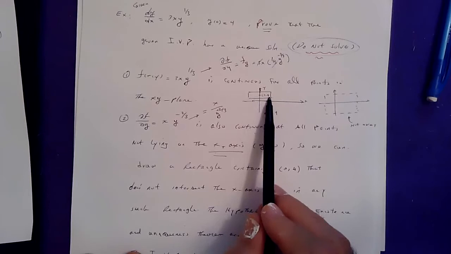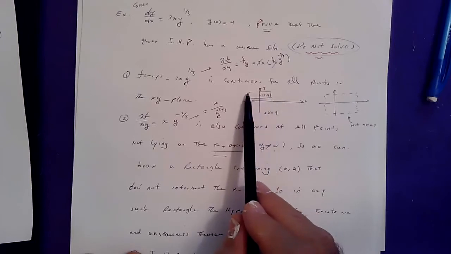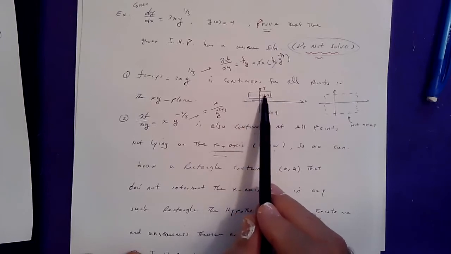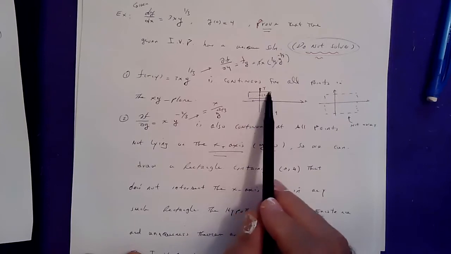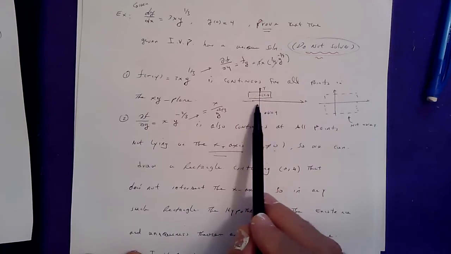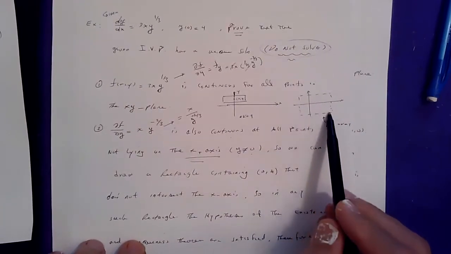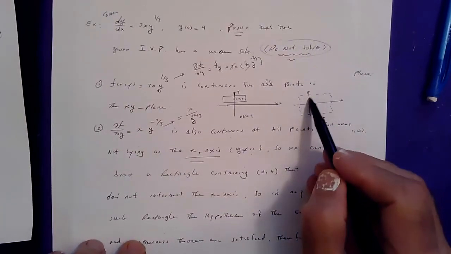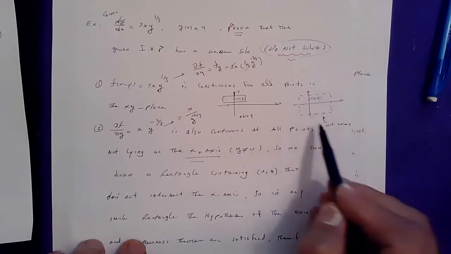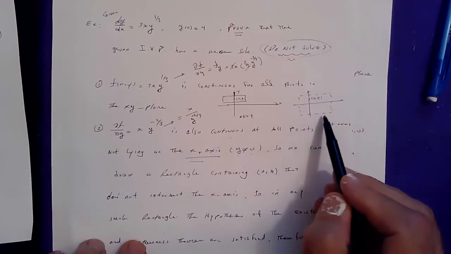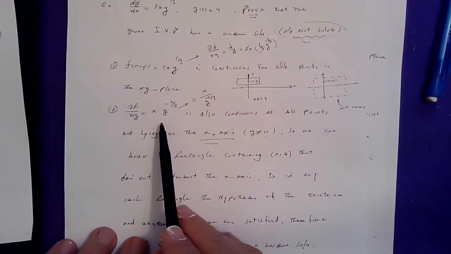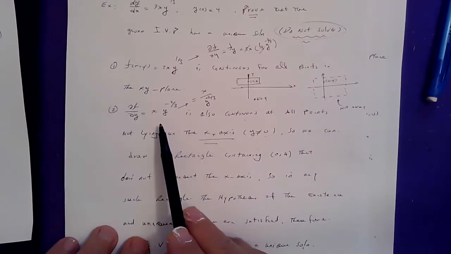So take a rectangle, enclose this initial point within a rectangle which does not cross the x-axis. You cannot take a rectangle which does cross the x-axis, because that would violate condition number 2 of the existence and uniqueness theorem.